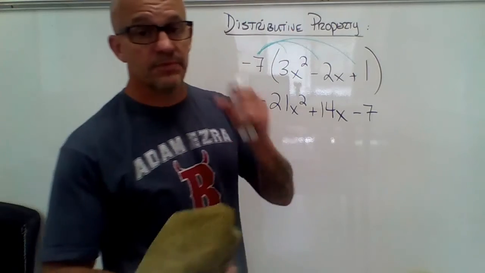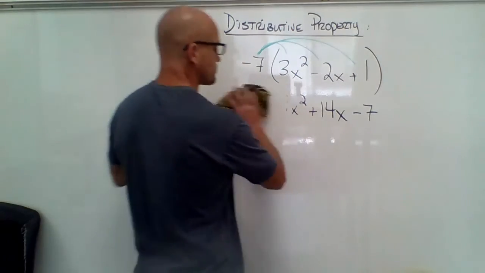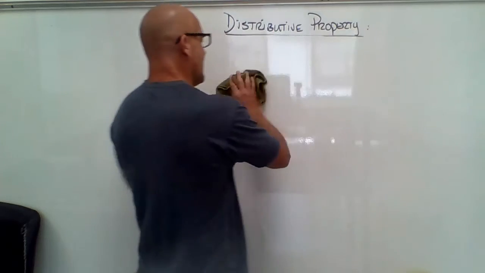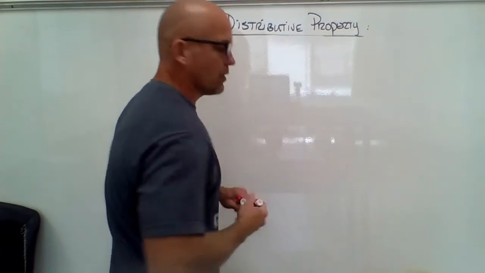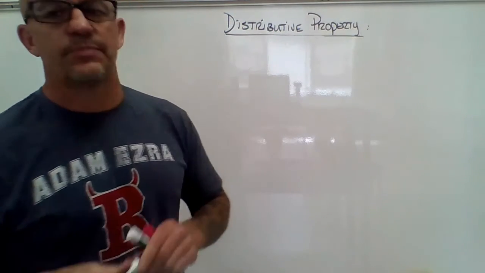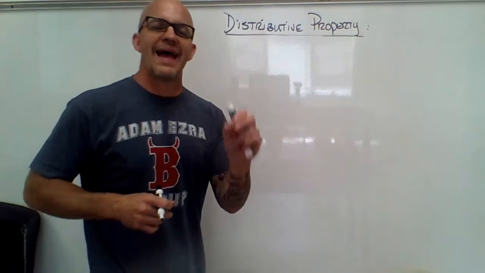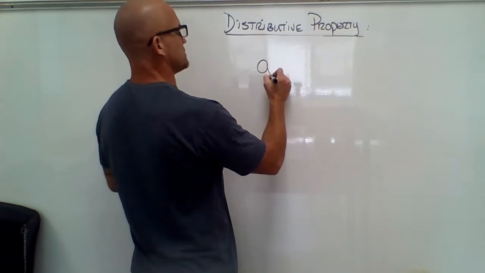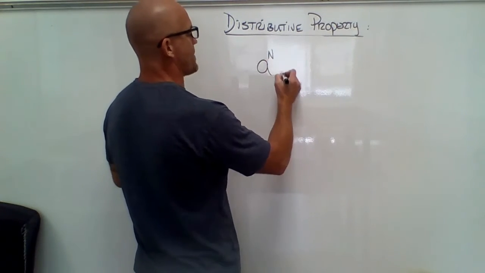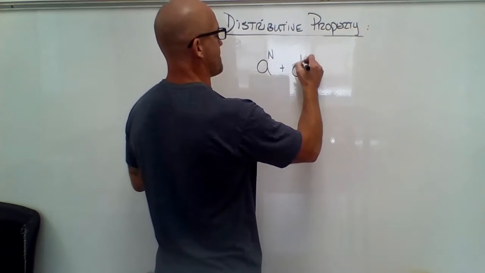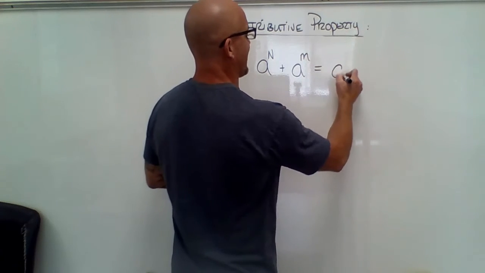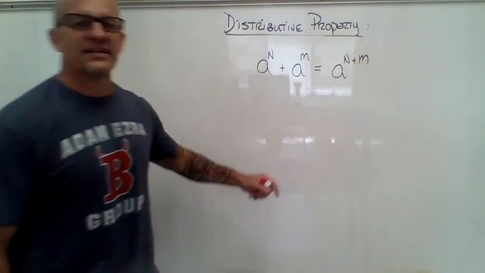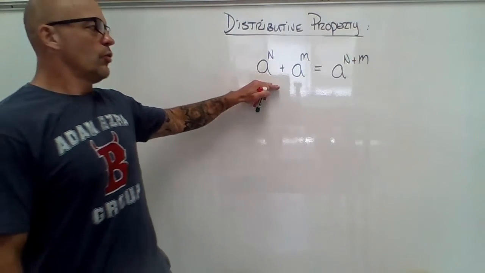Now, before I go to the next part, I'm going to refresh your memory about some exponent rules. If you are multiplying things with exponents, you get the result by adding the exponents. The property you probably saw is a to the n power times a to the m power is equal to a to the n plus m power.